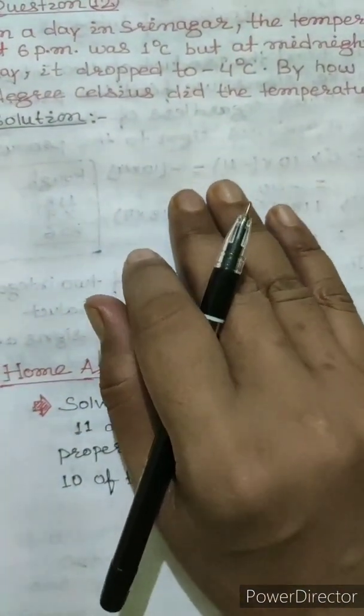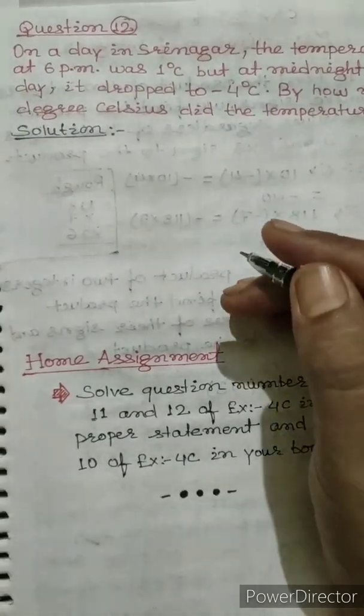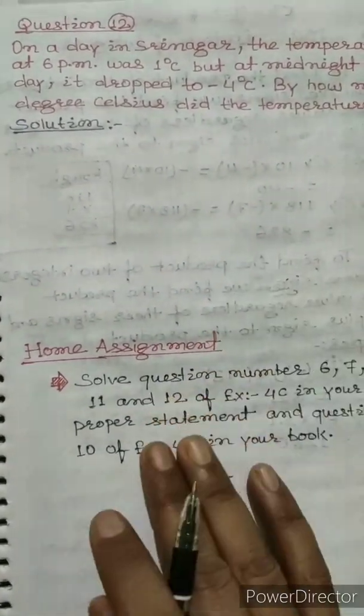First you need to find the initial temperature, meaning at around 6 o'clock what was the temperature.